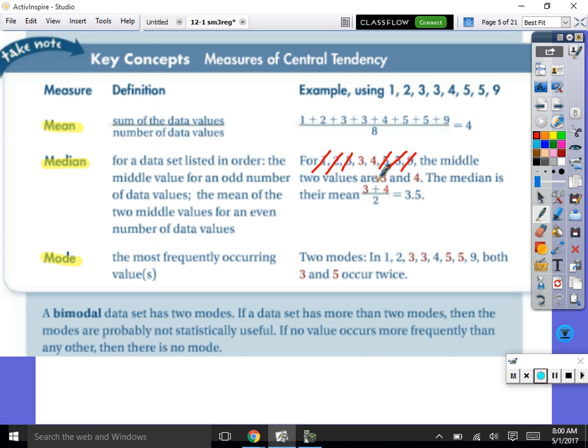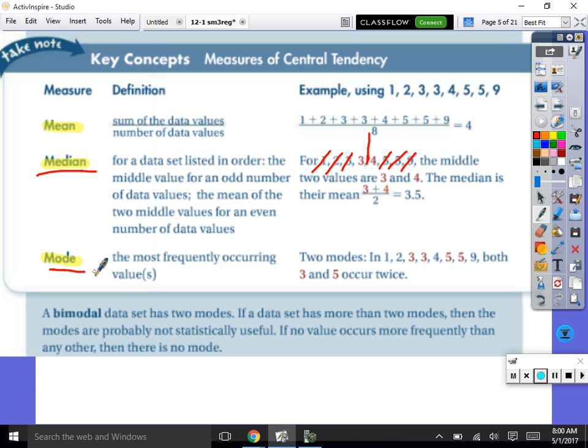It's between those two, correct? The middle? Yes? Well, actually, because we would cross out these two to get to the middle, and we have to do it evenly, we would add those up and divide by 2 because it's right smack dab in the middle. Does everybody understand? A lot of times, though, you won't have to do that. It'll end on a middle point. So median means middle.